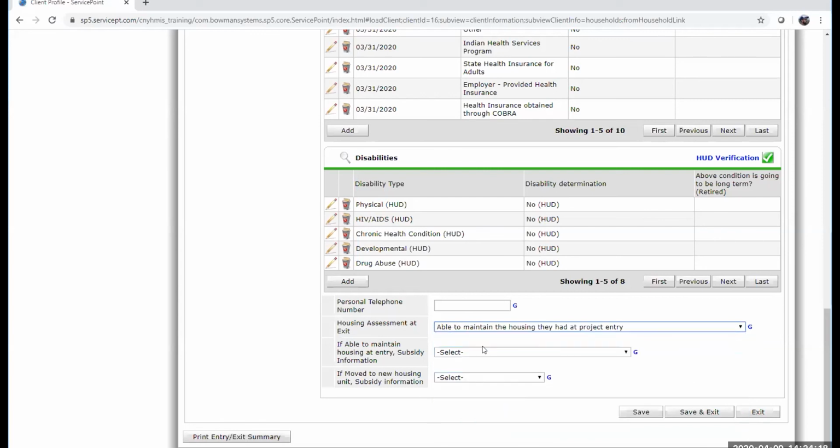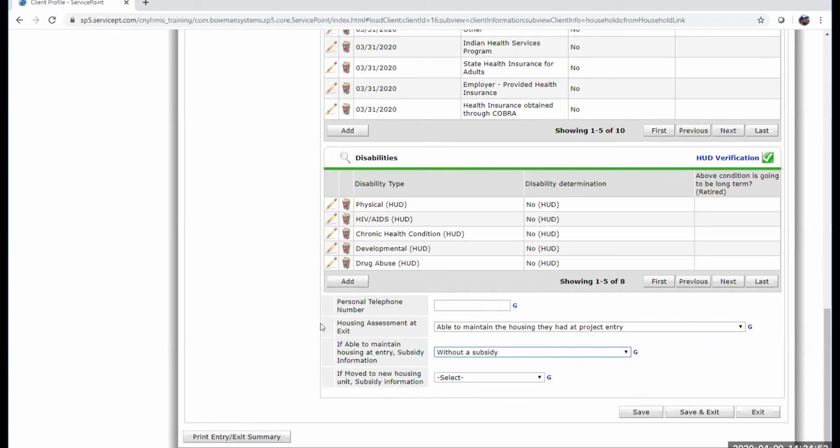So if they were able to maintain the housing they had at project entry, you'll have to select this other field that says, if able to maintain housing at entry, subsidy information, and then select the type, select whether or not they got a subsidy or not, or if you helped them obtain one of those subsidies, or if you just offered financial assistance other than a subsidy. And a subsidy is ongoing financial assistance for the client to help pay their rent.